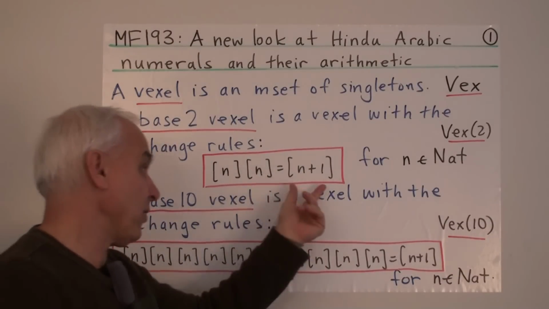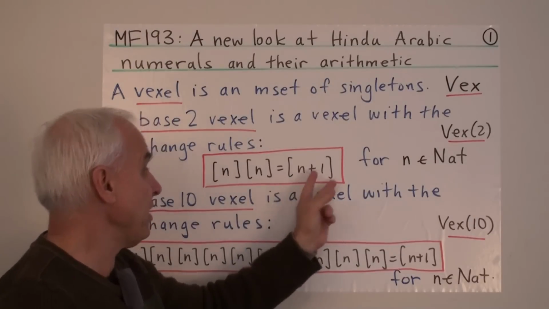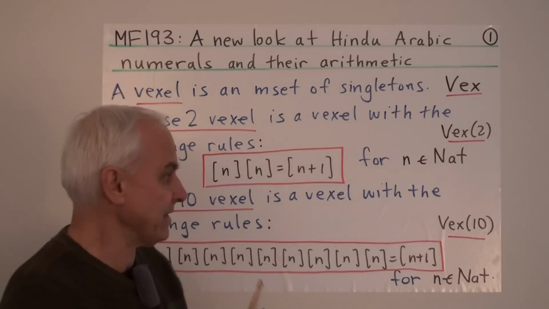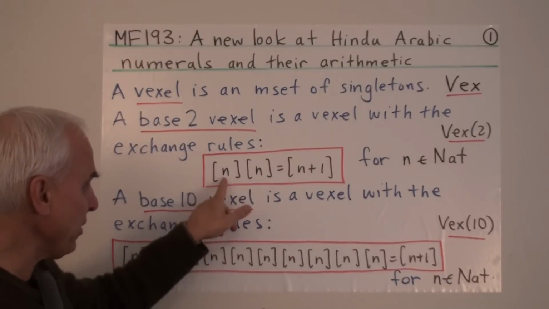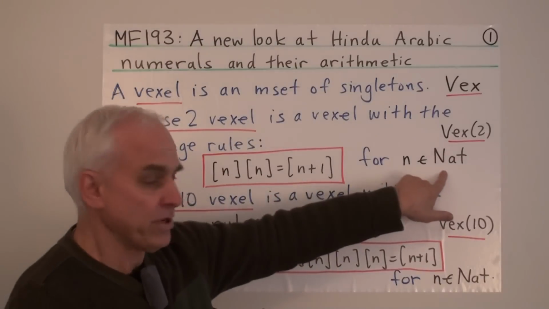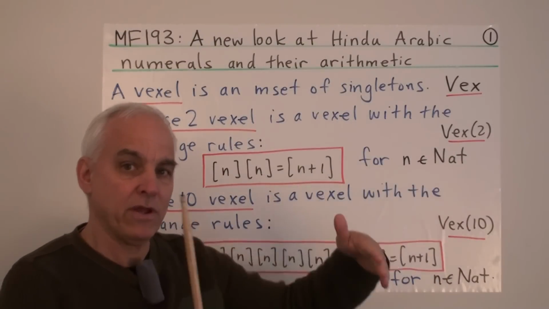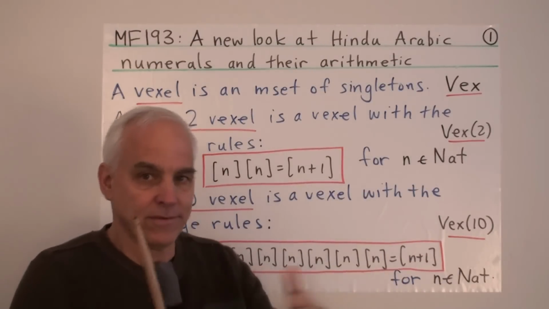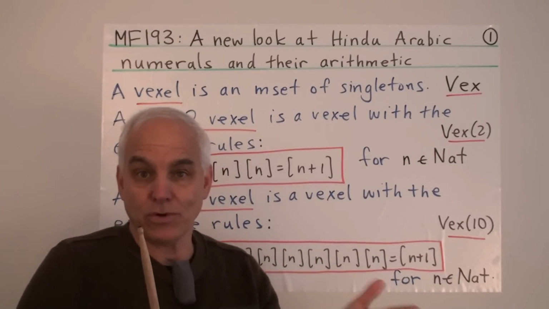And conversely, a single n plus 1 singleton can be exchanged or converted to these pair of n singletons. Now here n is a natural number, a primitive natural number, which we assume we've already established. Those were our M sets of our underlying strokes or marks.